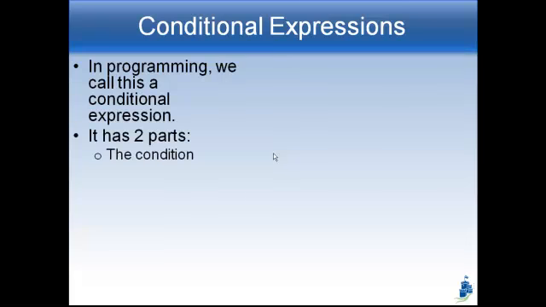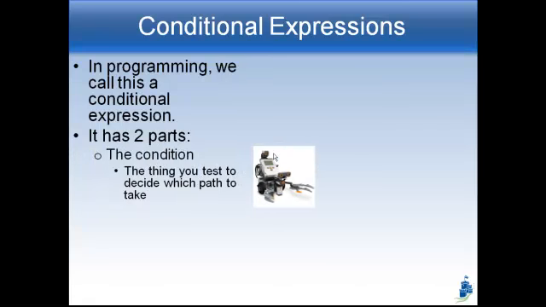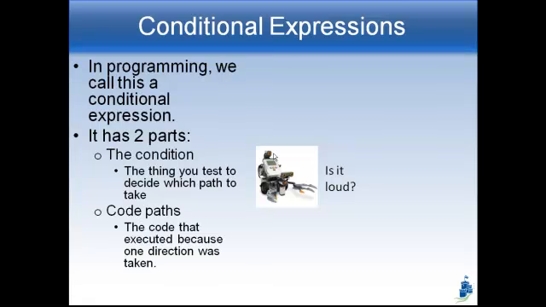And that, of course, has two parts, and we learned this back in the day. We have something called the condition, which is the thing that you test. It's the question that you're asking. For example, if our robot comes along and asks, is it loud? Well, it's checking the condition of loudness. The condition is, is it loud right now? And then it has two separate code paths. That's the different sections of code that get executed based on the situation with the condition.